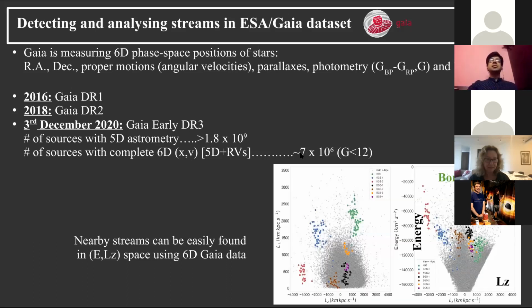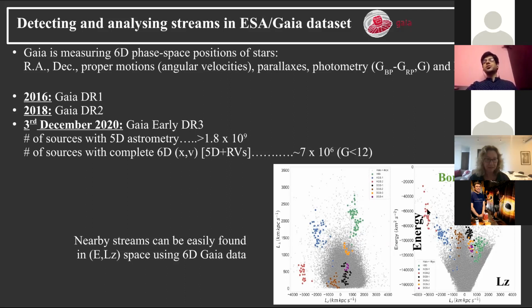So using this 6D phase space information, it's quite easy to find streams, because you can simply compute the energy and angular momentum of all the stars. Then you can look for clumps in this energy angular momentum space, because remember, stellar streams closely delineate orbits, and in an axisymmetric potential, the energies and angular momenta of orbits are conserved, they're constant.